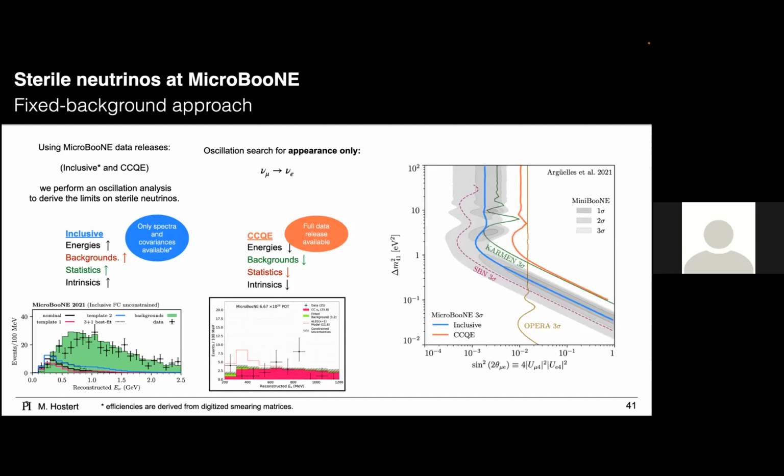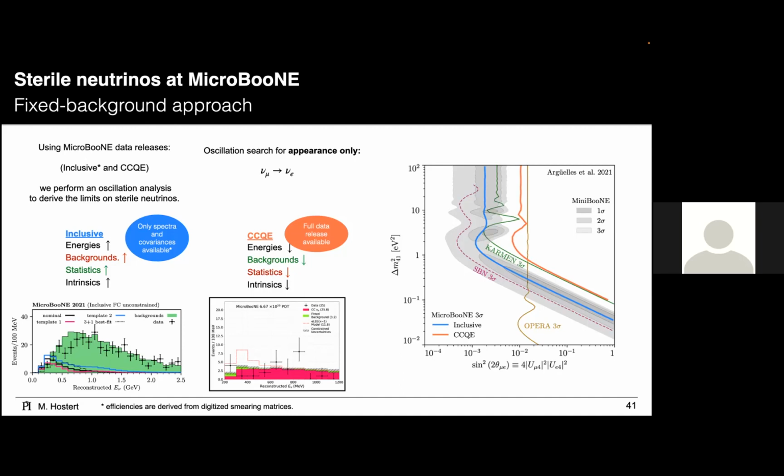And you see here, again, as a function of the appearance angle and delta m squared, the regions of preference for MiniBooNE as these hashed gray regions. And the constraints from MicroBooNE at 3 sigma for the inclusive case in blue, and then for the CCQE case in orange.